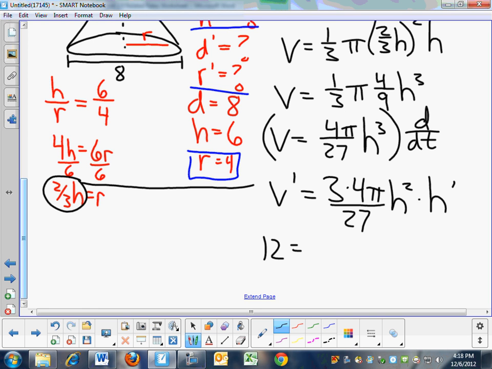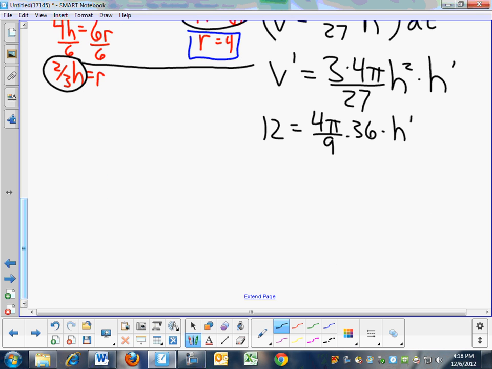I can simplify this a little bit. 3 and 27 will reduce to 1 over 9, so I got 4 pi over 9 times, do we know the current height? 6. 6 squared is 36 times h prime. Divide both sides by 36, we get 1/3 is equal to 4 pi over 9 times h prime. Multiply by the reciprocal.